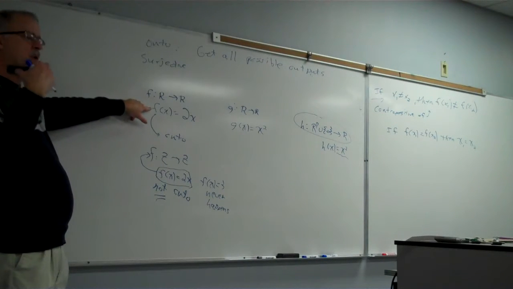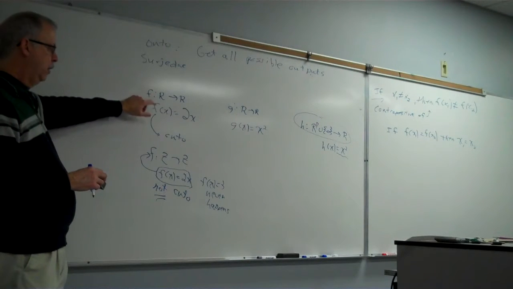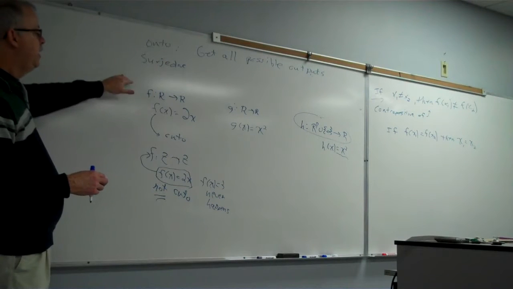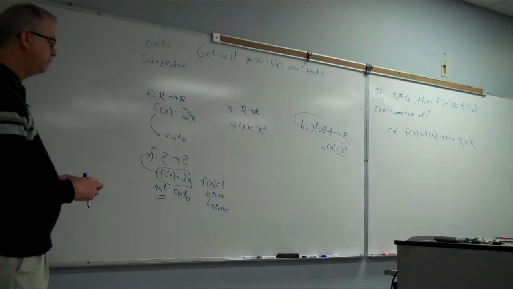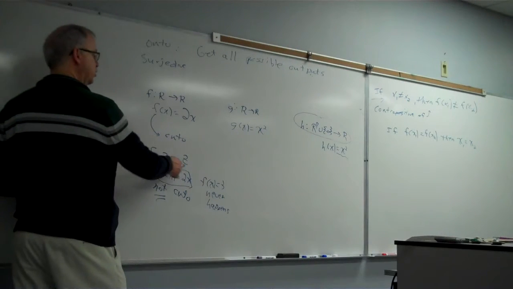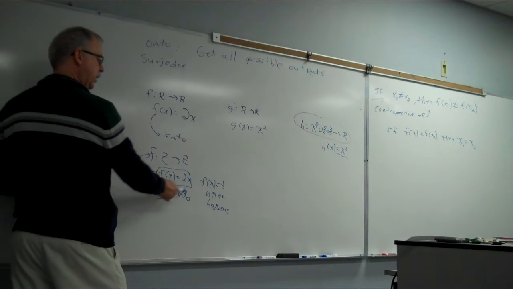We use all the inputs that we possibly can, and we get whatever we get. Here we're definitely going to be concerned about the inputs and outputs that we're going to be using. And so if we're only using integers, this mapping's not onto because we can't get 3.